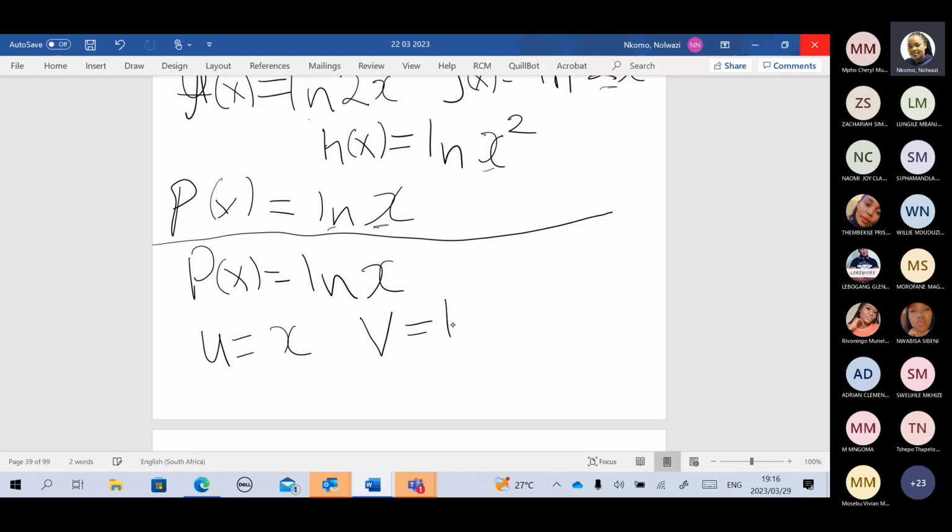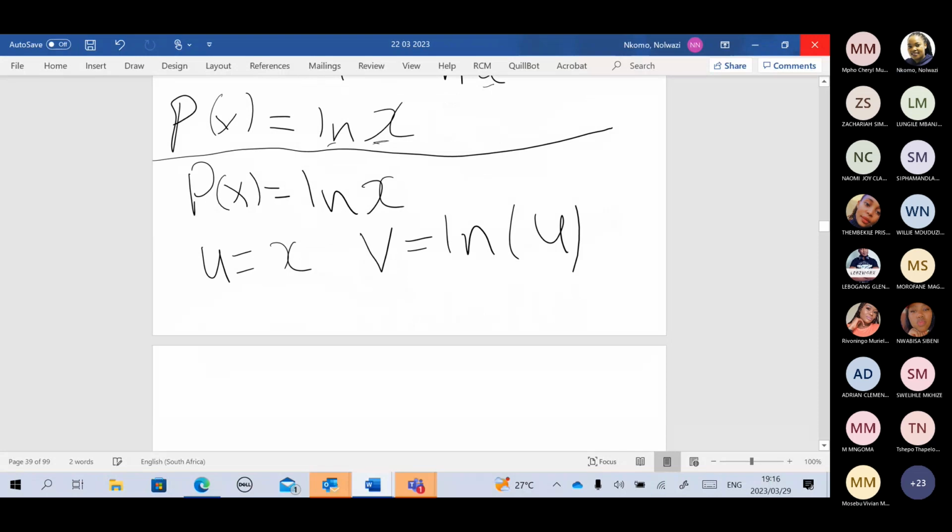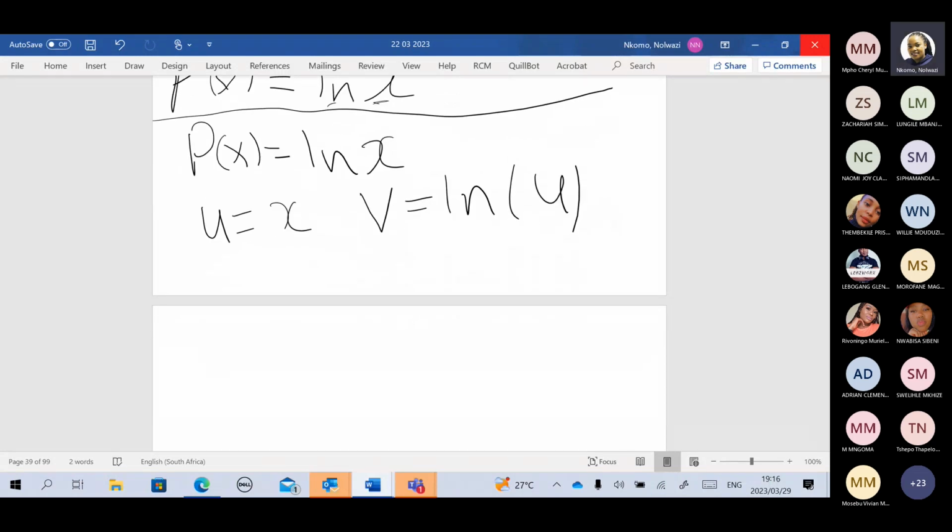This means we have v equals ln of u, right? Okay, if this is the case, p prime at x will equal the derivative of the outer function times the derivative of the inner function, right?